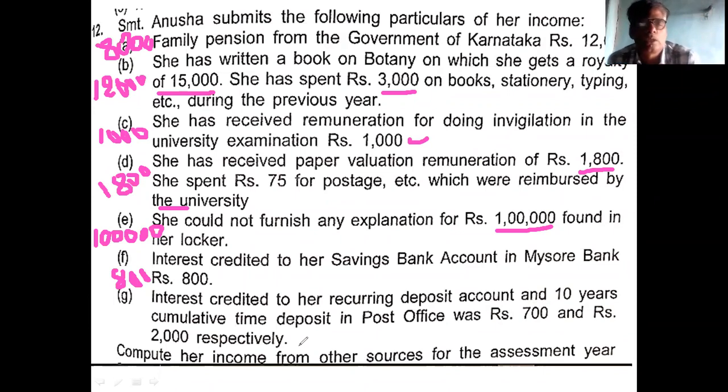One is interest credited to her recurring deposit account and the other to the 10-year cumulative time deposit in post office. 10-year cumulative deposit is exempted from tax, and recurring deposit is taxable. The first 700 rupees is relating to recurring deposit and 2,000 is relating to the 10-year cumulative time deposit.